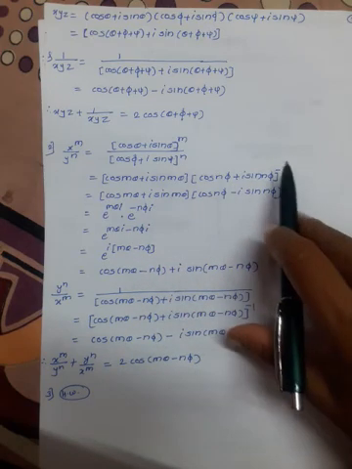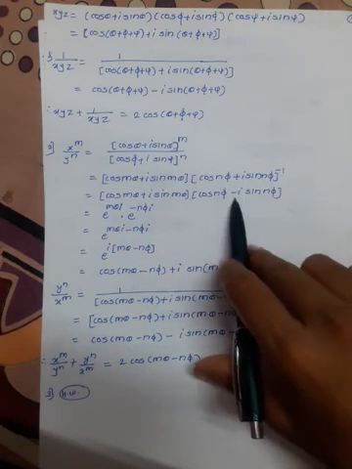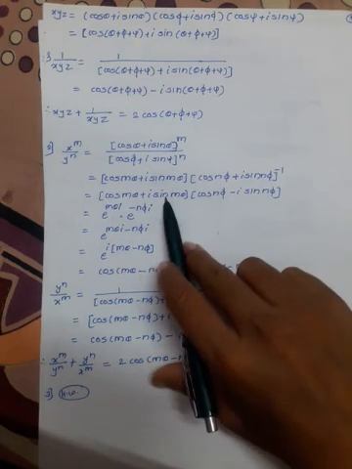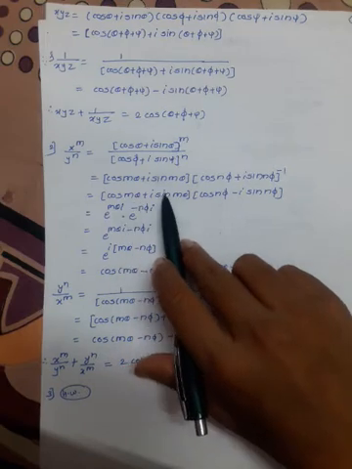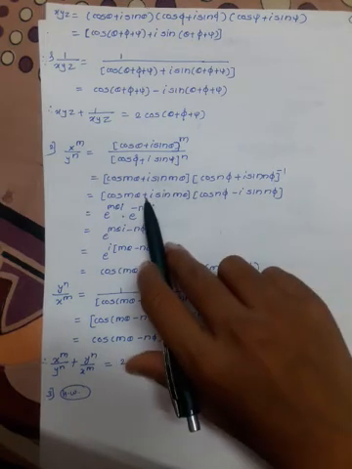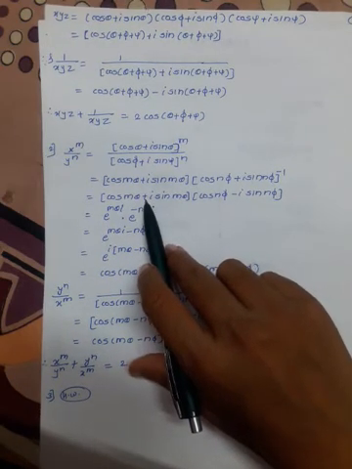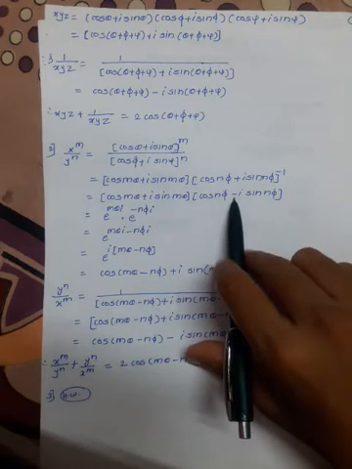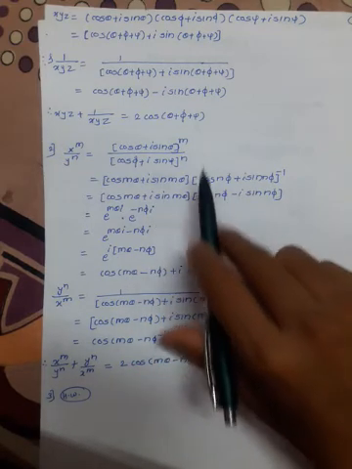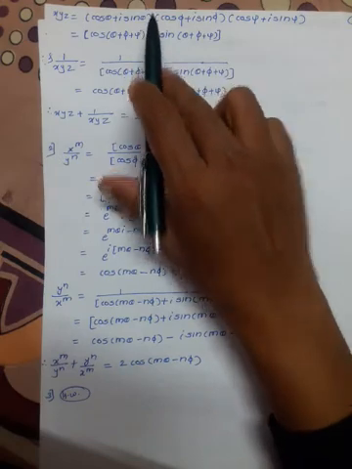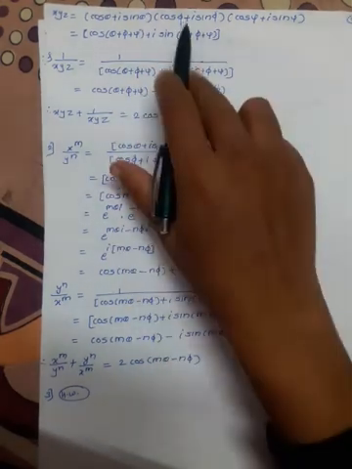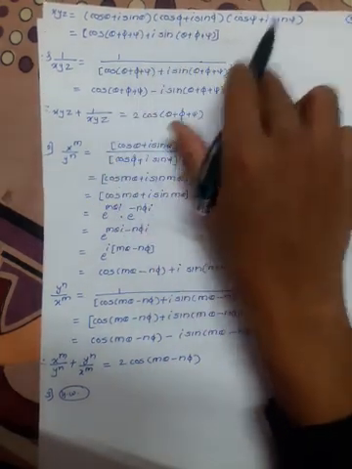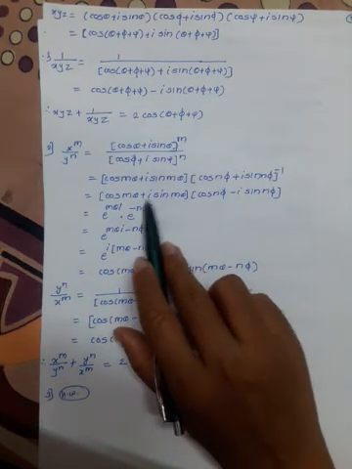Now minus means just the middle sign changes, plus becomes minus, and this bracket stays as it is. Now again this is one bracket into another bracket, but one contains plus and the other contains minus. That's why we can't use that simplification here, because everywhere plus is needed, but here one plus and one minus are there.